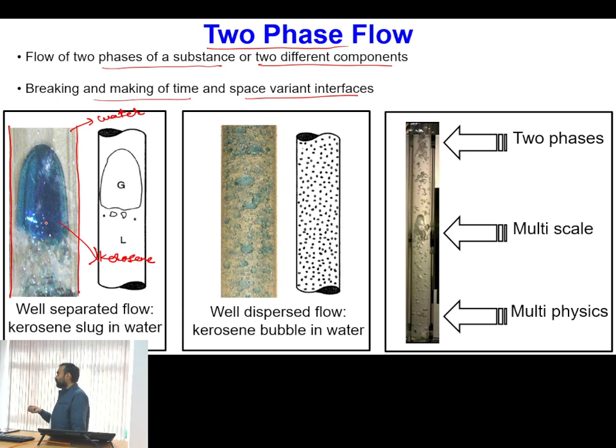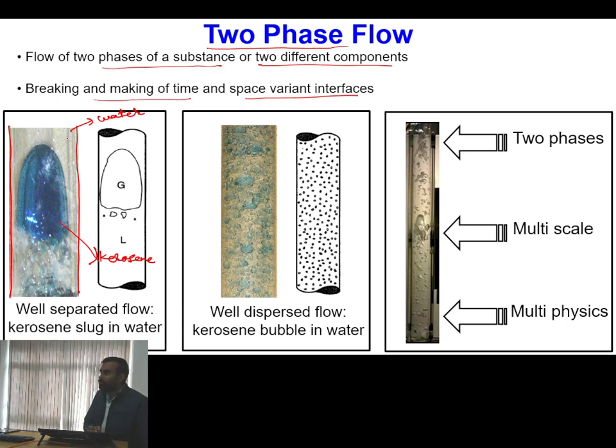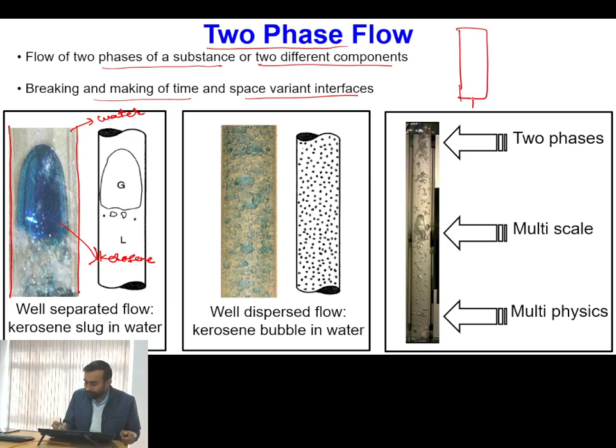So this is nothing but a two-component system. Liquid is one fluid, kerosene is some different fluid. Now this kerosene is introduced in such a way that, if you have a tube and from the bottom you introduce kerosene, what will happen?